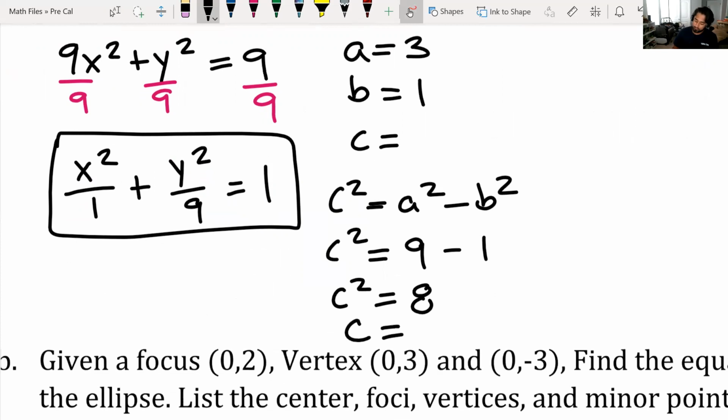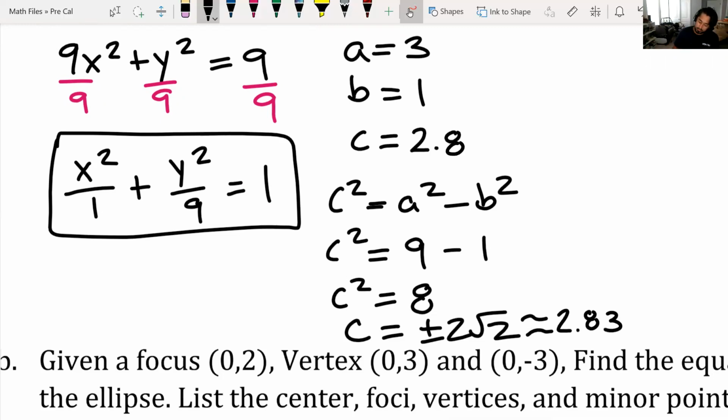And c will be plus or minus 2 square root 2. But again, we need to know that value. So 2 square root 2 is 2.83.